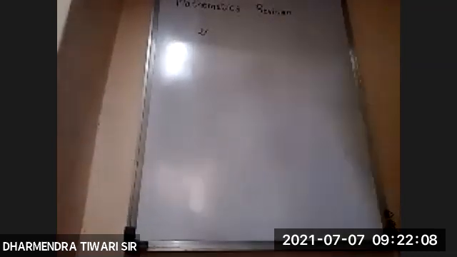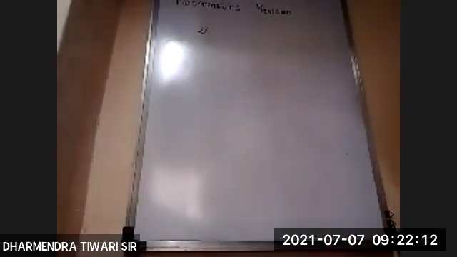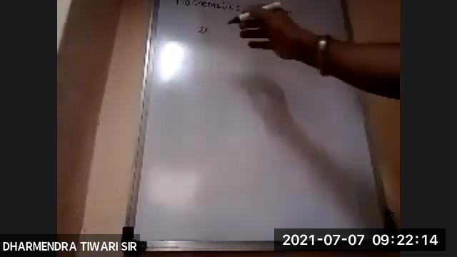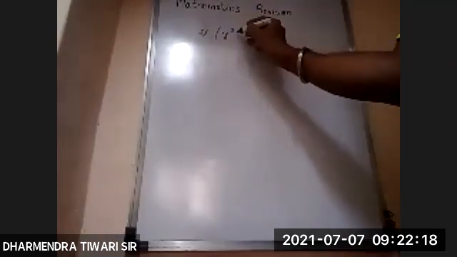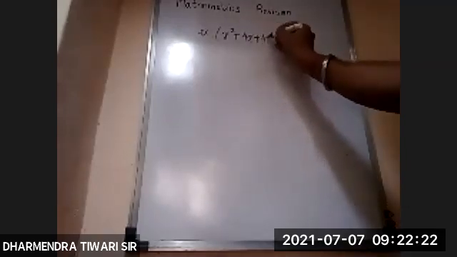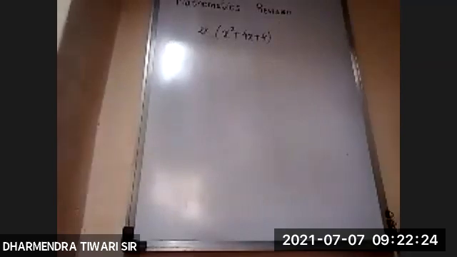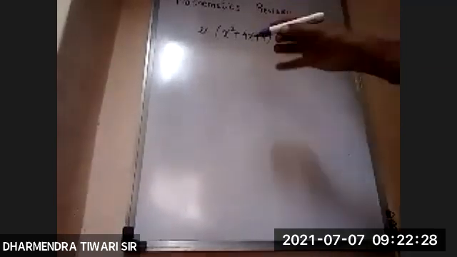Let's take an example in which we're having two terms in divisor. So x square plus 4x plus 4 divided by x plus 2.